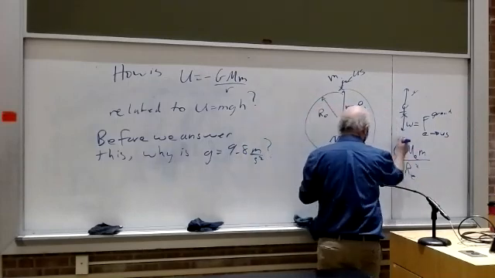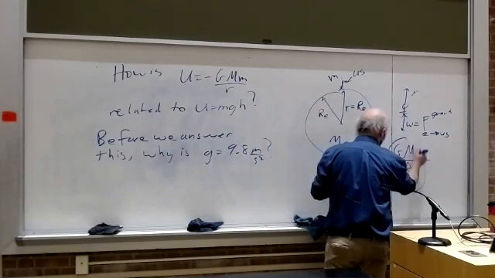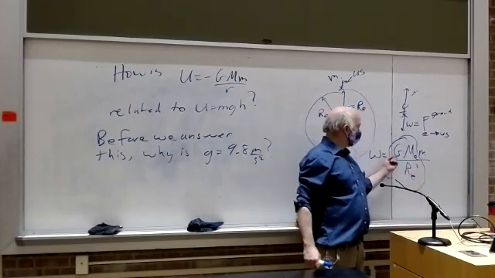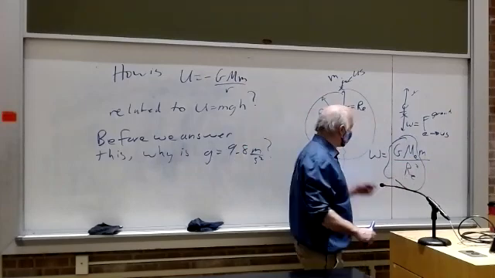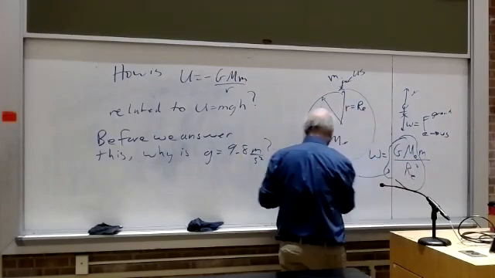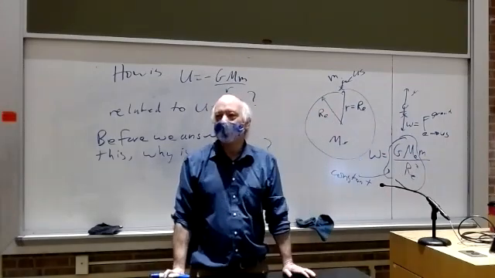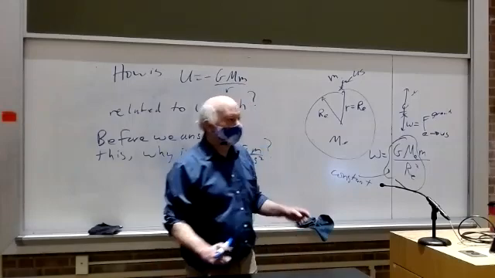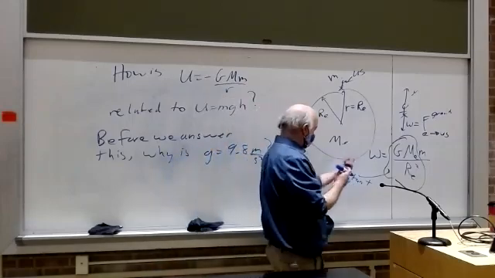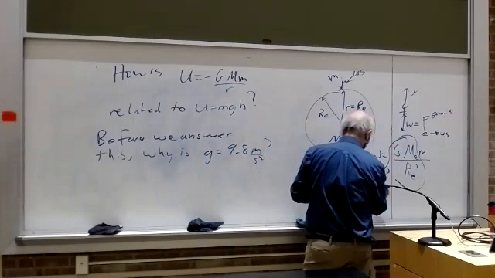Look at this: G times the mass of the Earth over the radius of the Earth squared is a constant. What might be a nice name for that constant? Little g. This would be little g.